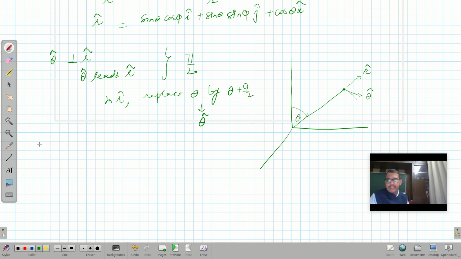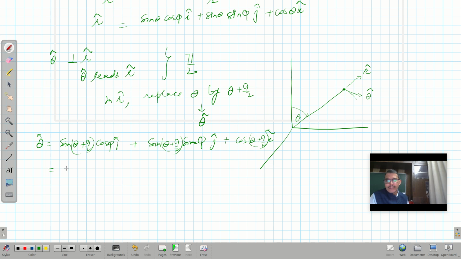So this theta cap is simply sine theta cos phi i cap plus sine theta sine phi j cap plus cos theta k cap, and I simply replace this theta with theta plus pi by 2.